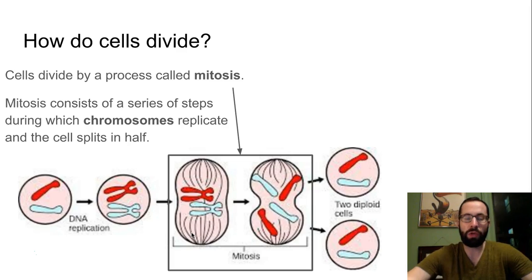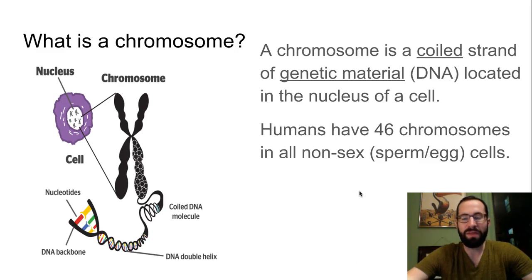So let's take a closer look at this entire process of cell division and break it down step by step. The first thing you need to understand is, well, what the heck is a chromosome? A chromosome is a coiled strand of DNA, or genetic material, that you find inside the nucleus of a cell.